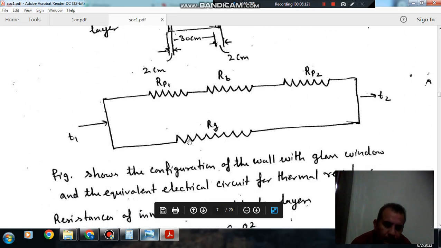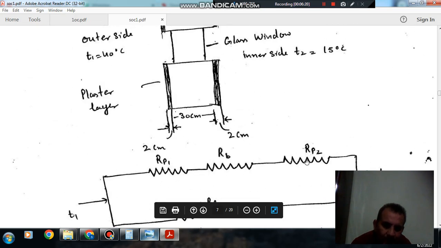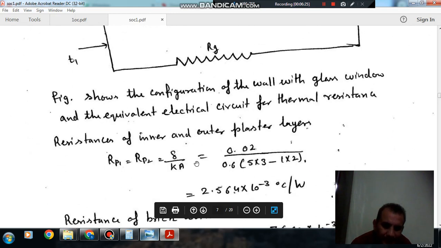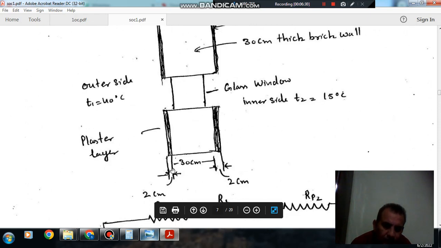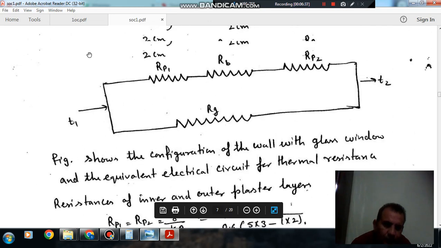So RP1 is equal to RP2 is equal to delta by K. Here delta is the thickness, which is 2 centimeter or 0.02, and K, the conductivity of this, is 0.6.